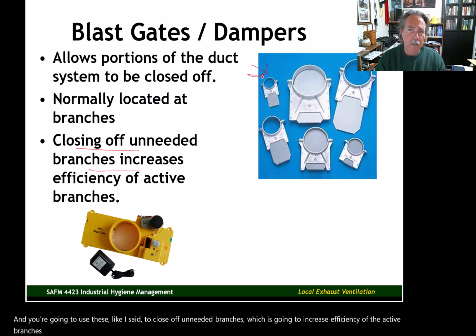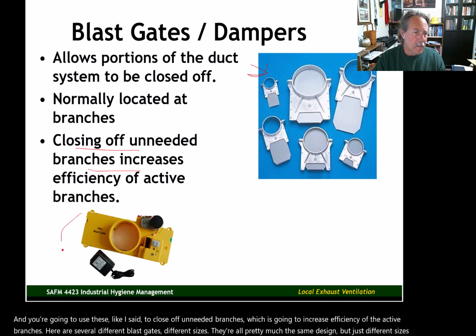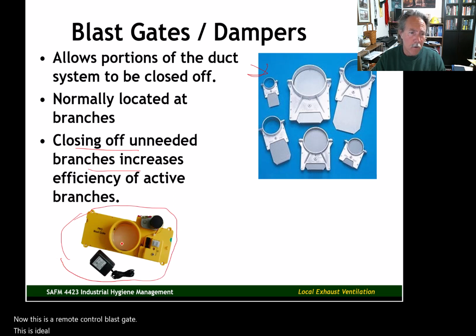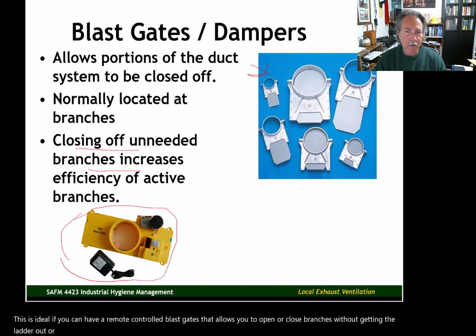Here are several different blast gates, different sizes. They're all pretty much the same design, just different sizes. Now this is a remote controlled blast gate. This is ideal. If you can have remote controlled blast gates, that allows you to open or close branches without getting the ladder out or without having to physically open or close the blast gate. You can do it from a distance.